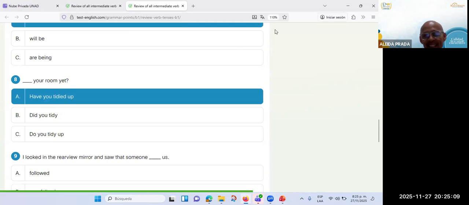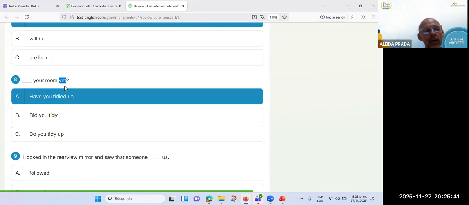Have you tidied up your room yet? And in this sentence, yet is the most important word. Yet means aún. If you know this word, you are going to understand and you can complete the sentence without any problem. But if you don't know the word, you don't have that key. Okay? Have you tidied up your room yet?